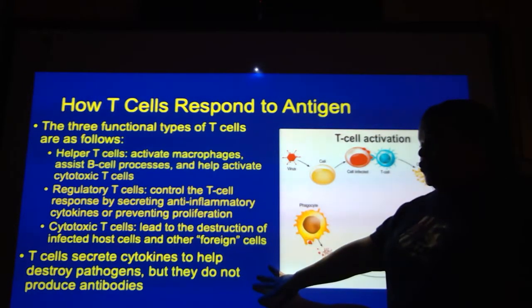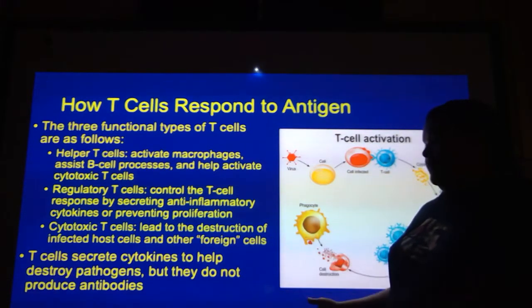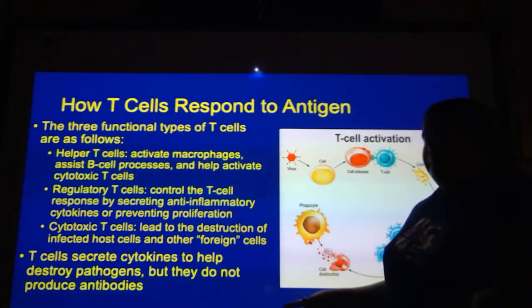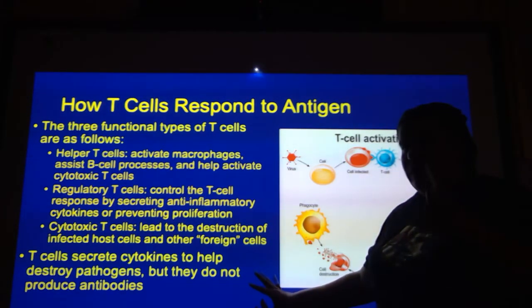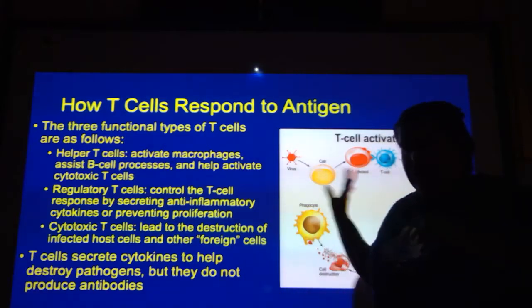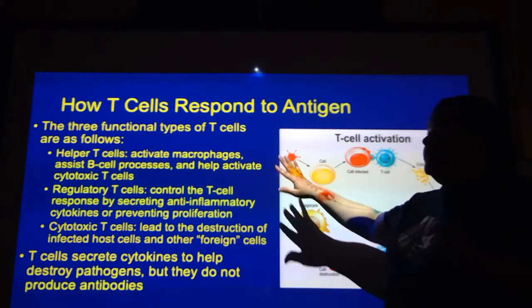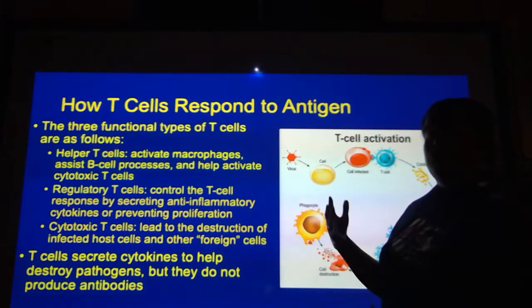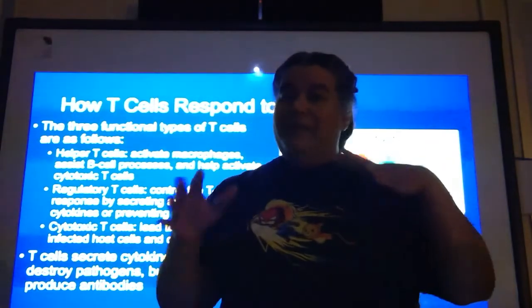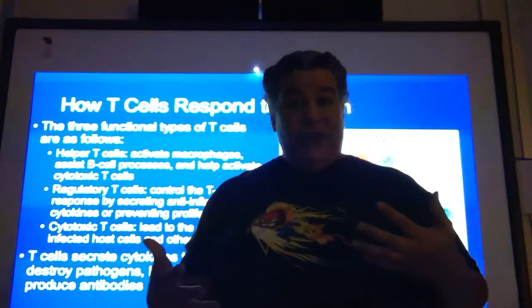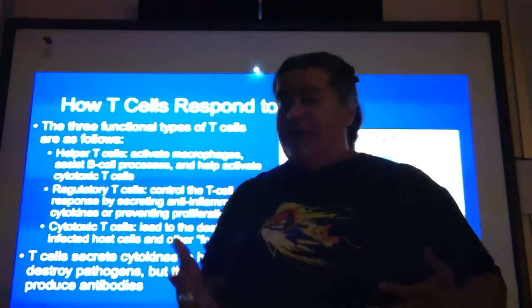Each of these will secrete cytokines, which are chemicals, to help destroy pathogens, but again, not antibodies. Only one cell does that, the B cell, not T cells. Helper T cells have multiple jobs. We're going to talk about it, but just so you know, each helper T cell is activated under specific circumstances and then does something different.